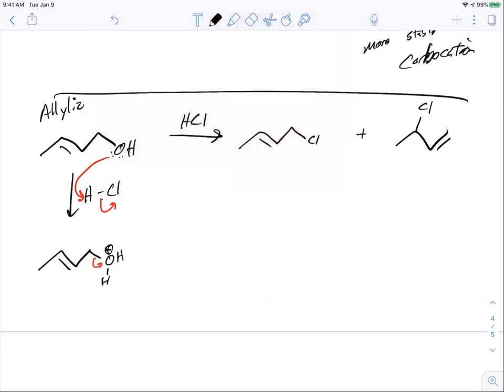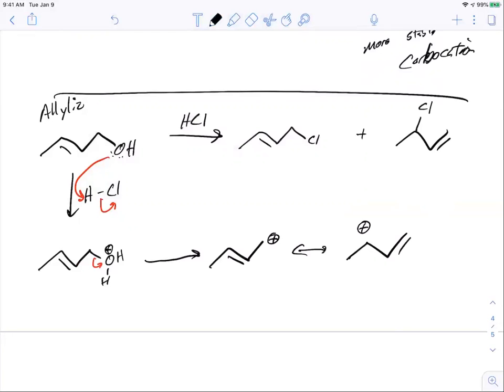Again, primary, so we still have a possibility for SN2. Get this carbocation, but this carbocation is in resonance with this carbocation.